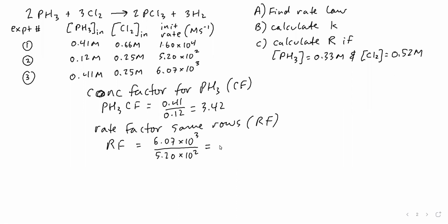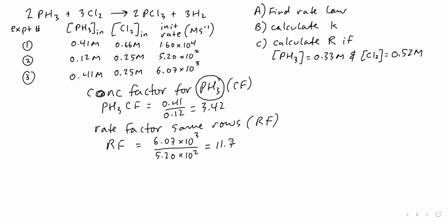When we do that math, we end up with the number 11.7. So we have three possibilities from this information. This is the information that's going to give us the order with respect to PH3. Based on the 3.42 concentration factor change and the 11.7 rate factor change, is the order with respect to PH3 zero order, first order, or second order?